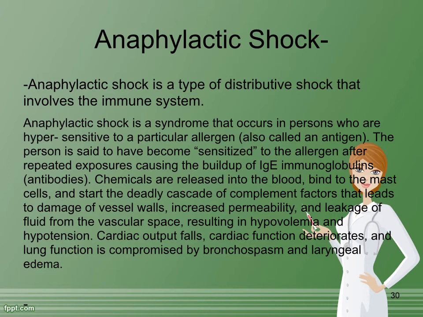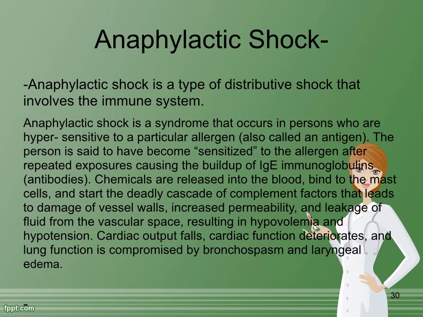The body has a great system for protecting itself against foreign substances that get past our gatekeepers. We have some physical and chemical barriers in our body. So when foreign substances get past our gatekeepers and enter the body, this kind of anaphylactic shock can happen, and it involves the immune system.